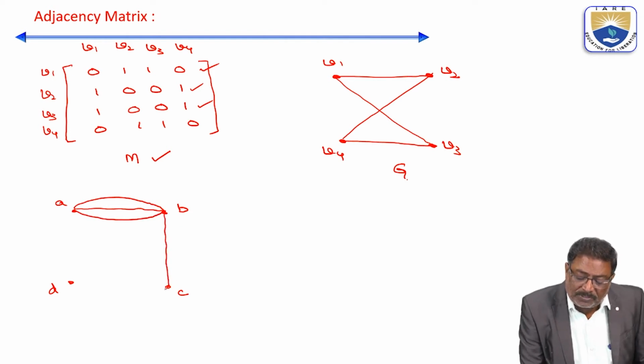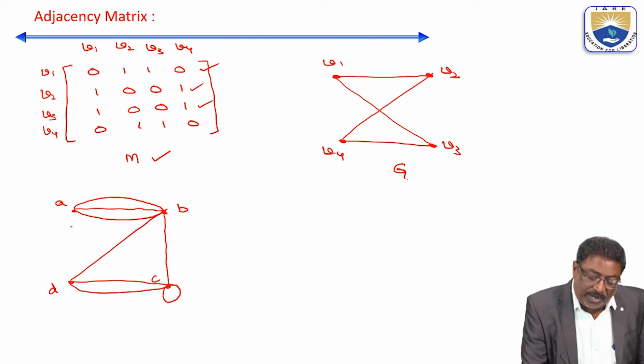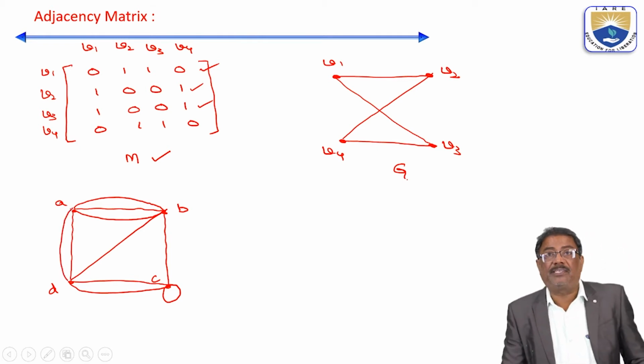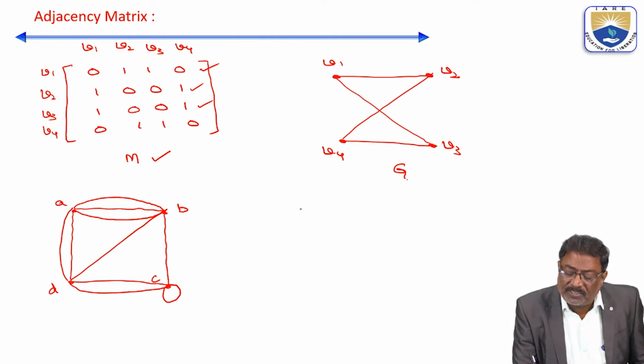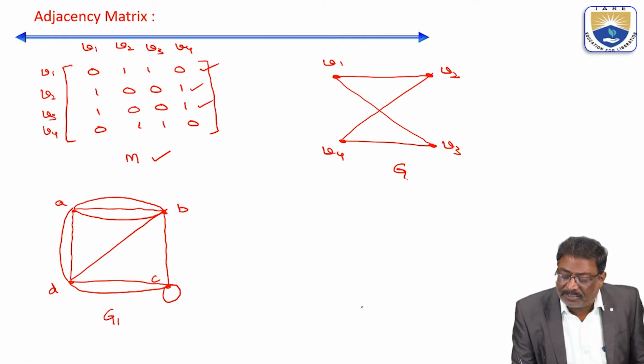Let us say it has a self loop, and then it has two edges, and D to B there is an edge, and D to A there are multiple edges. I am taking this graph. It has four vertices. This is graph Z1, and the corresponding adjacency matrix we are going to take as M1.